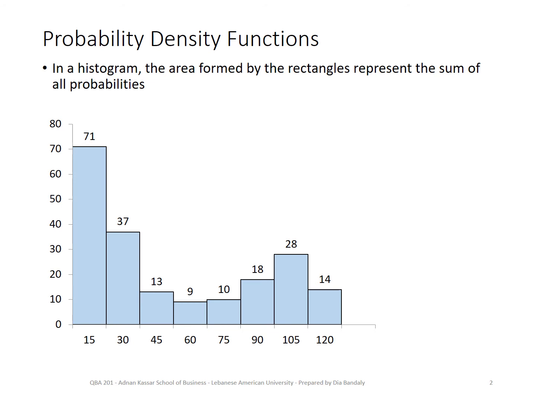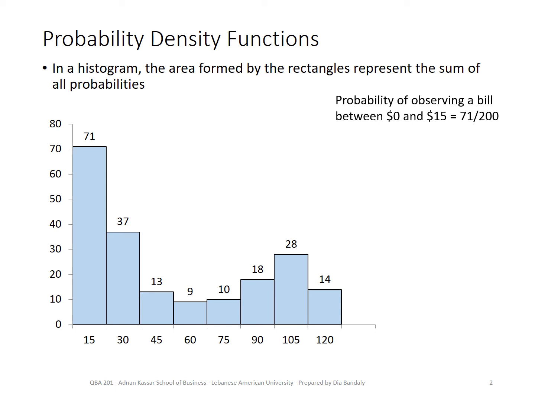All right, so we found that the probability to observe a bill in the category between $0 and $15 is 71 over 200, right? What I want to do now is to figure out a way to find this probability using an area.